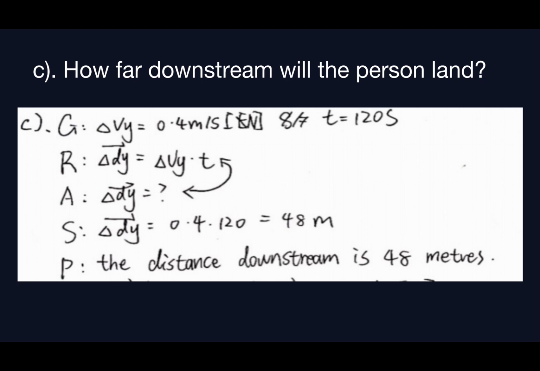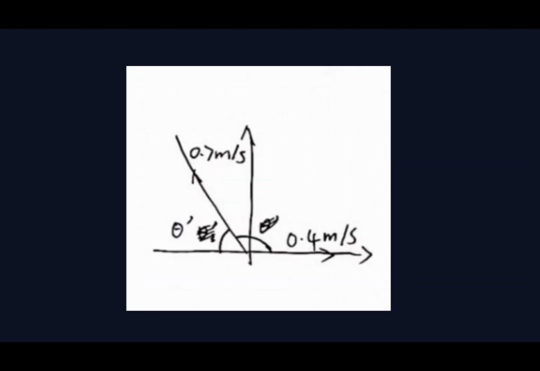And now let's come to the final question. So finally, let's go through the last question. It's asking in what direction should she swim if she lands at a point directly north of her starting position.